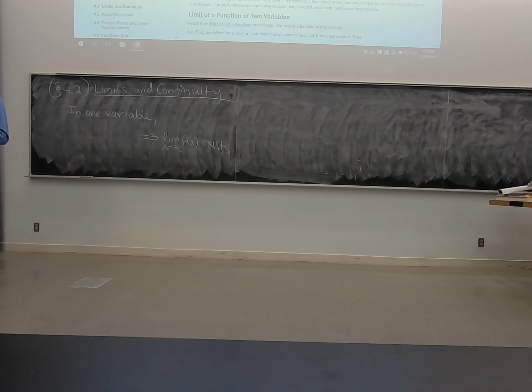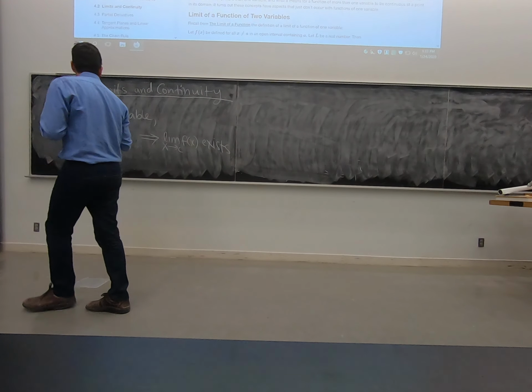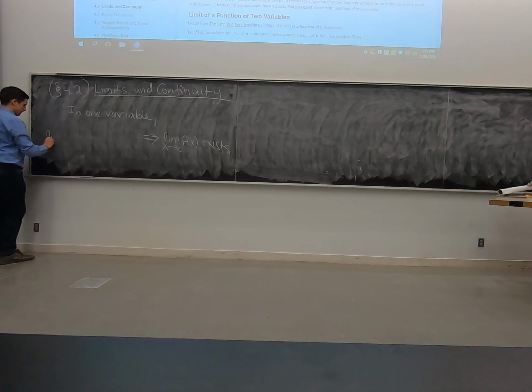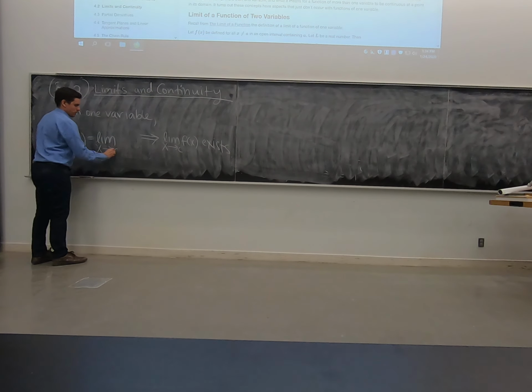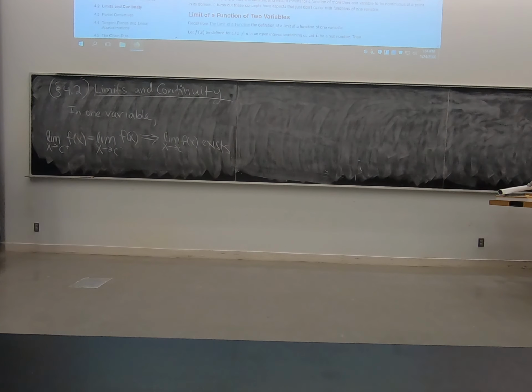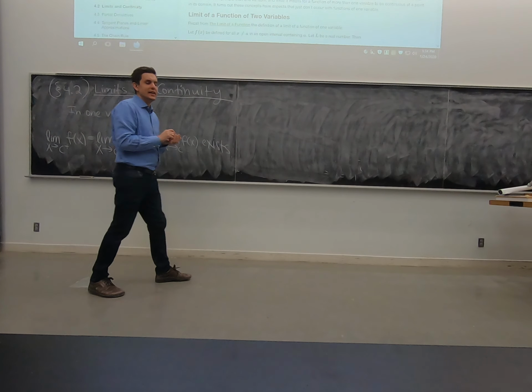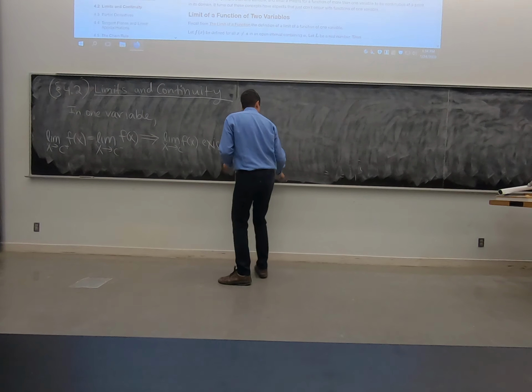The limit from the left and right need to agree. If those are the same value, then the limit exists. This is super nice. This is like a beautiful condition.